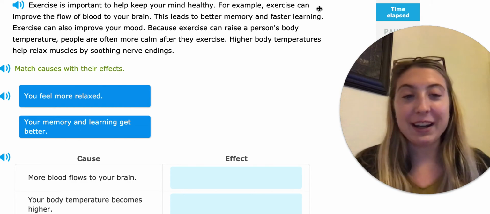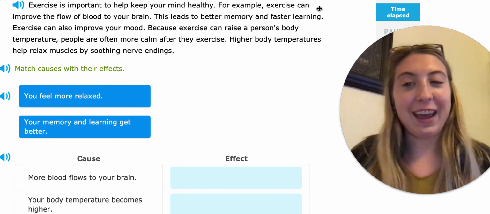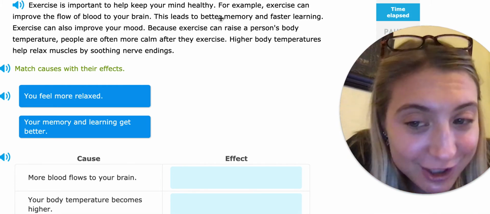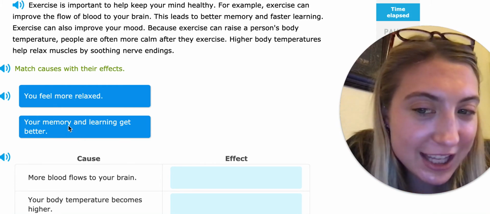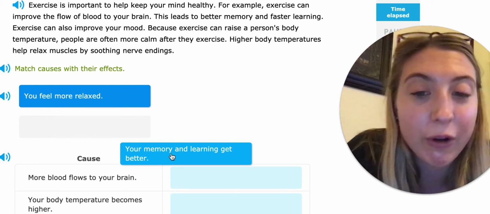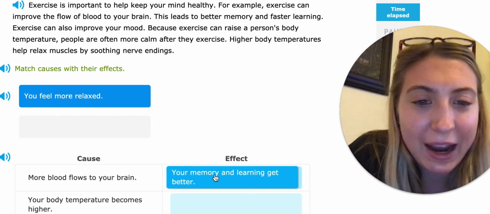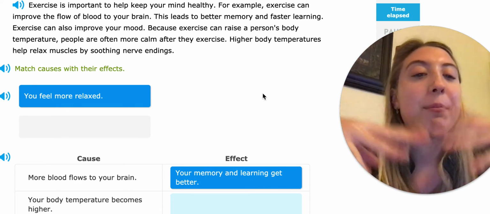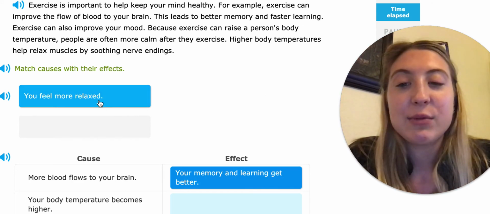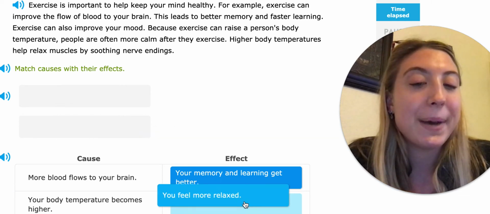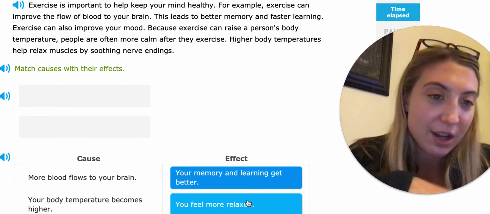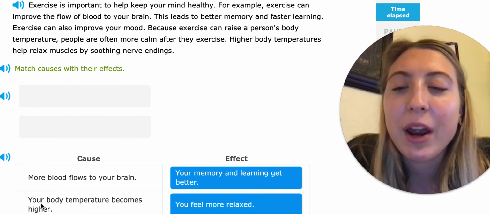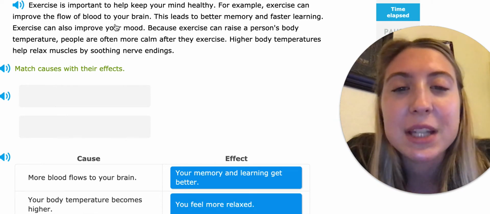If you're at home right now, just move your arms around and get the blood flowing to your brain. Let's go with this one right here. This one matches. So you have to click it and drag it down, and then it will click right in. Then by elimination, this one would go here, but it's always good to double check our answer. So let's go back in our text and see where it says your body temperature becomes higher.